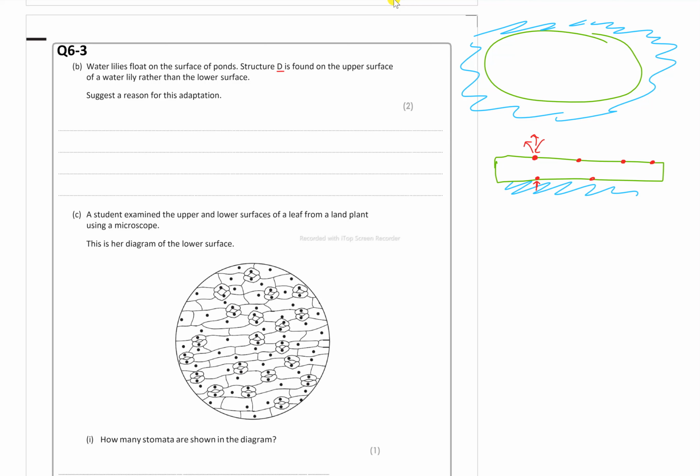So they're saying the structure D, which is the guard cells, are found on the upper surface. What's the benefit of that? The lower surface is not exposed to air, so no carbon dioxide would be able to get in.